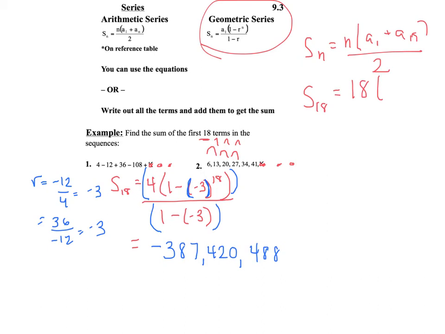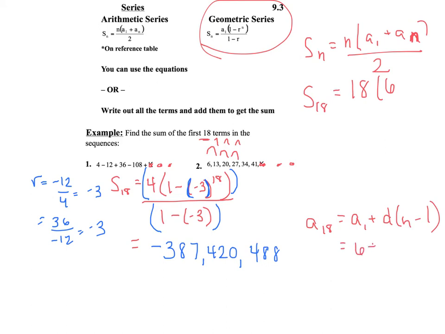I know my a1 is 6 because it's my first term, but I don't know my an. I'd have to figure that out. You can either add 7 18 times to get to your 18th term, or you can use a sub 18 equals a1 plus your difference times n minus 1 to figure out your 18th term.